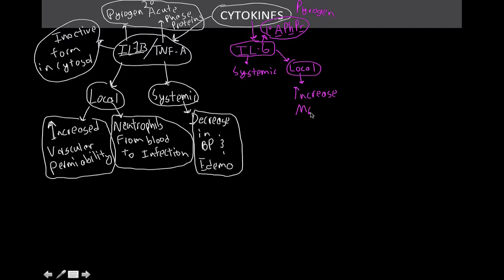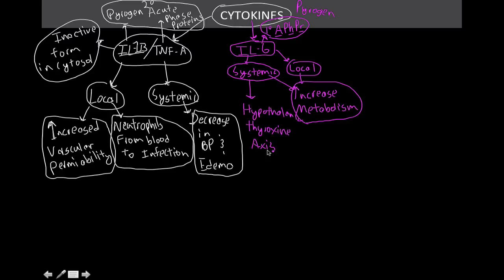Okay, so the local effect of this is an increase in the metabolism of all the cells, really. My book makes the distinction of making sure that I say the fat and the muscle cells, but it's also going to promote healing as well, so we're going to have increased metabolism everywhere, but more so in the localized areas. The systemic effects of this are also an increased metabolism, and it works by acting upon the hypothalamic thyroid axis, the T3, T4 thyroxine axis.